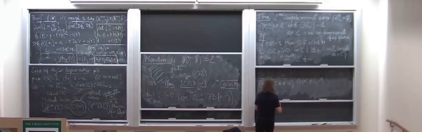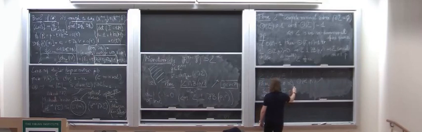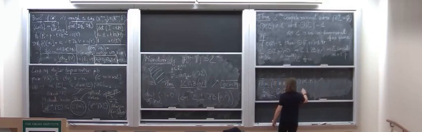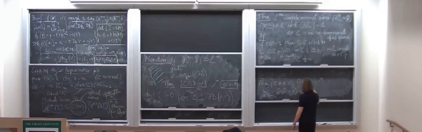So in the usual form, we will have that the derivative at some r equals r naught of the density is equal to 0 if and only if the following two things are true.